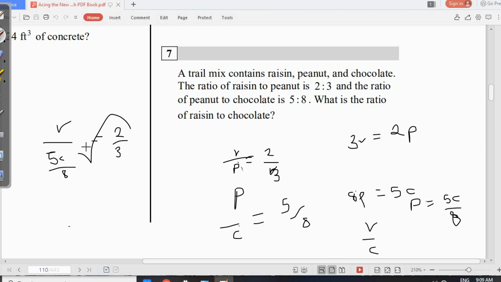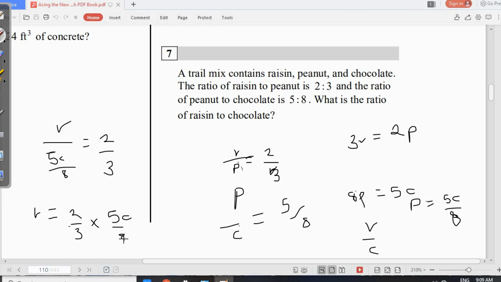So what we're gonna do, we're gonna crisscross this. We're gonna move 5c to this other side. We're gonna have r equal to 2 over 3 times 5c over 8.